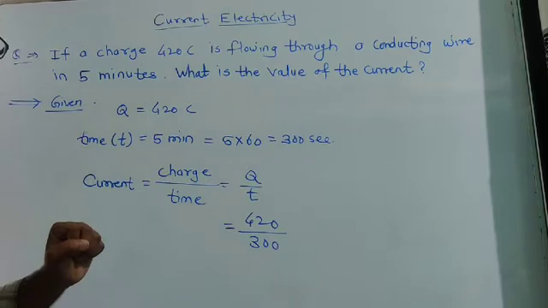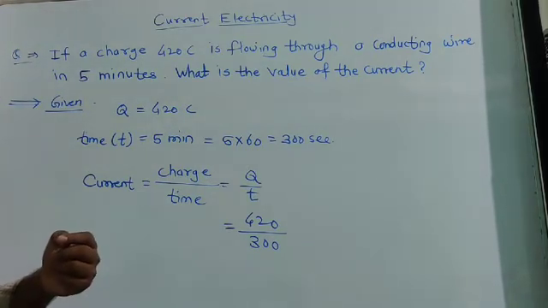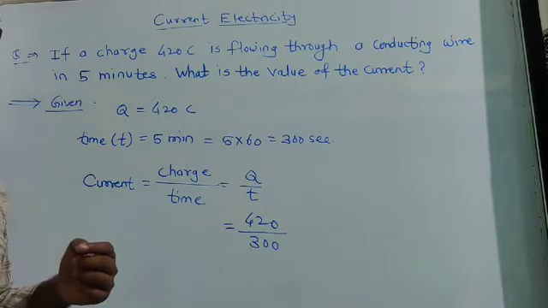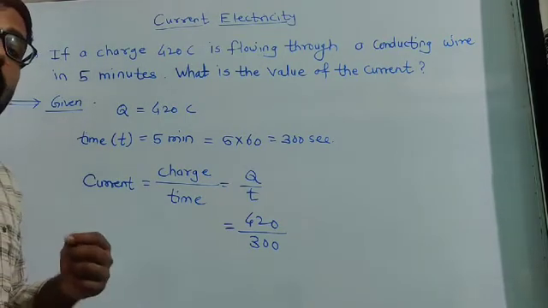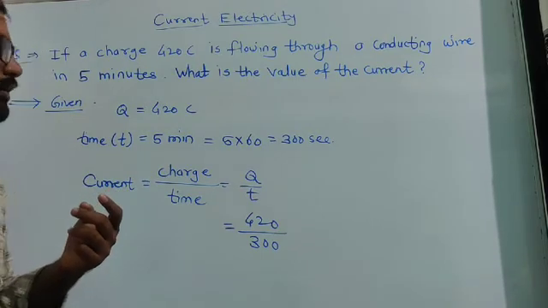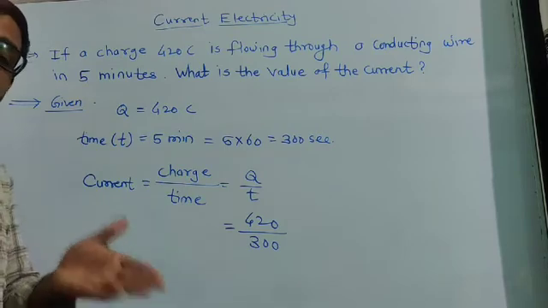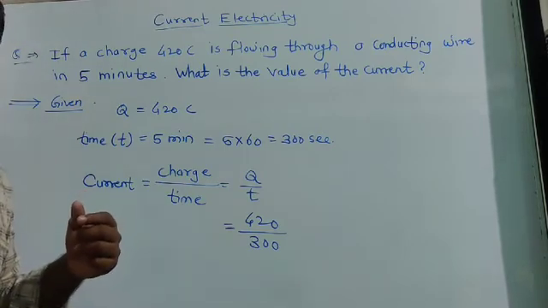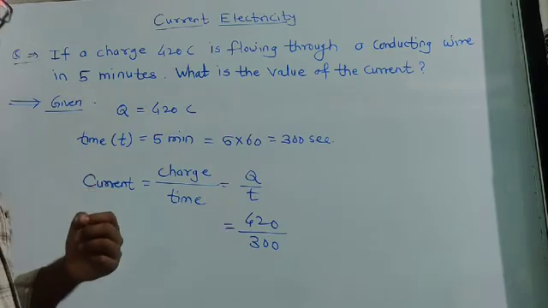But we don't take time directly in minutes, because we use the SI system, MKS. So we have to use time in seconds. Whatever time is given in hours or minutes, we always have to convert into seconds, because seconds is the unit we use for time.